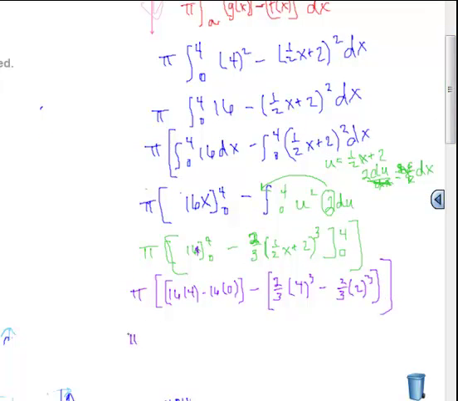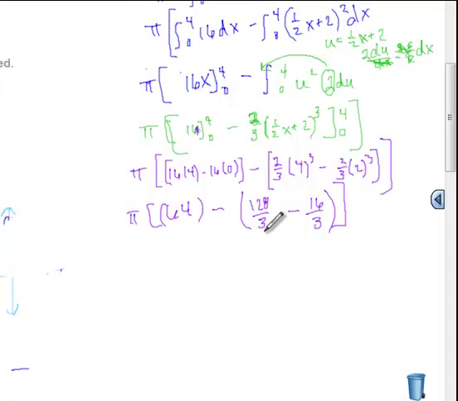So we have pi, and this simplified would be 16 times 4. So we have 64 minus 0, so that's the first term. Minus, when you simplify all of that, you don't get a very pretty number. You're going to get 128 over 3. And then minus, this right here is 8 times 2, 16. 16 divided by 3.